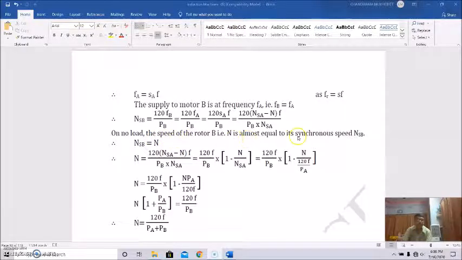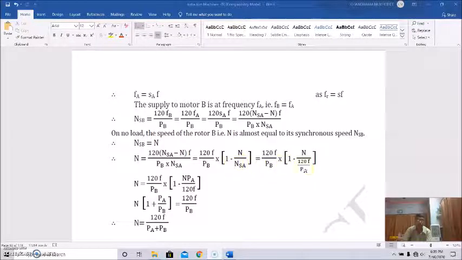So we can write N = 120 (NSA - N) F/(Pb NSA). Simplifying, dividing (NSA - N) by NSA gives 1 - N/NSA, so it becomes 120F/Pb times (1 - N/NSA).